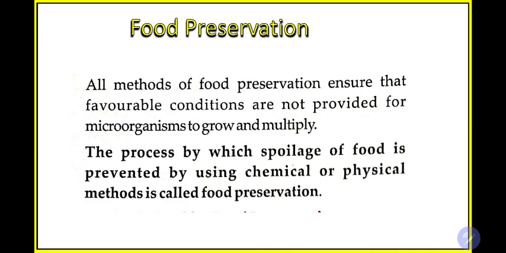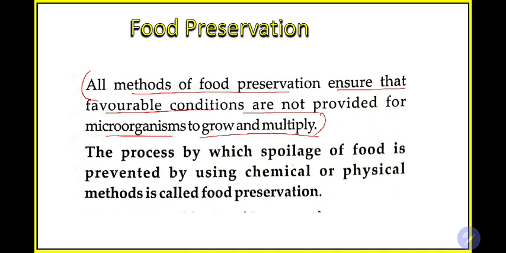So what is food preservation? The definition: a method of food preservation ensures that favorable conditions are not provided for microorganisms to grow or multiply. That means food preservation is a method or all methods where the conditions are made such that no microorganism can attack it.